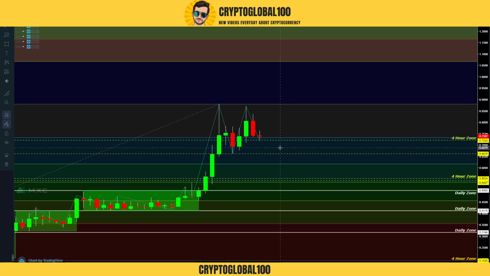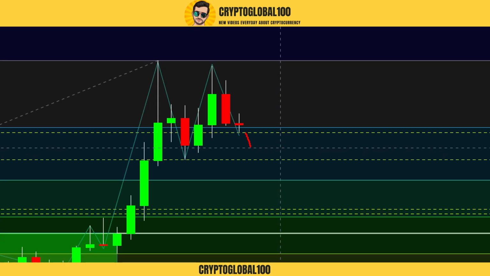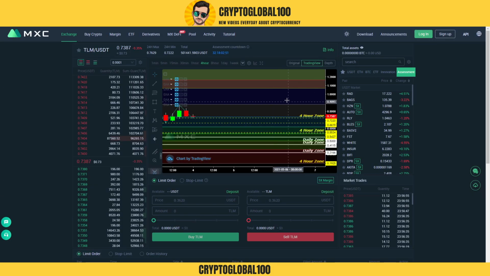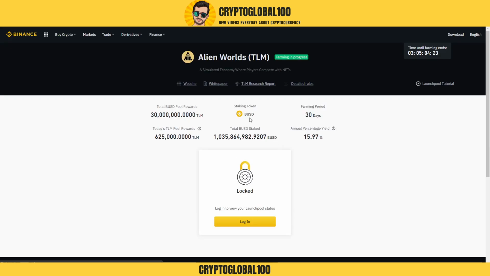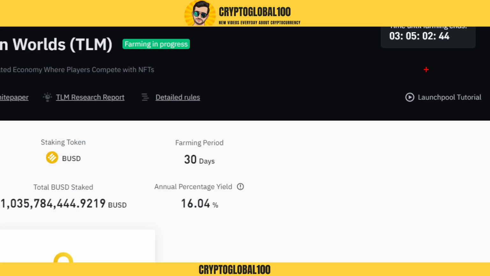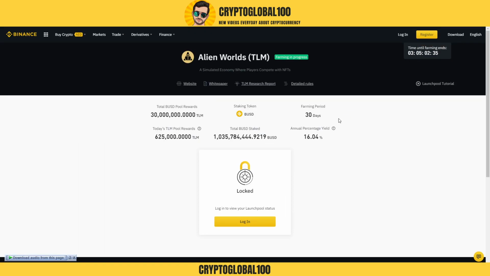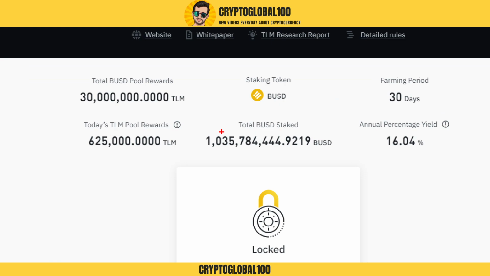So if you want to buy, then I would suggest you wait for the 0.66 level. The reason is, let me show you here, the Alien Worlds TLM USDT pair. The farming is going to end on the 5th of May, which is approximately 3 days from now, and a lot of USDT and BUSD have been staked.